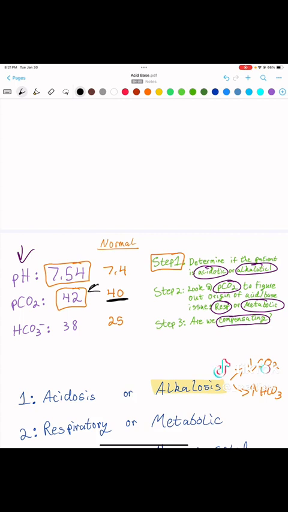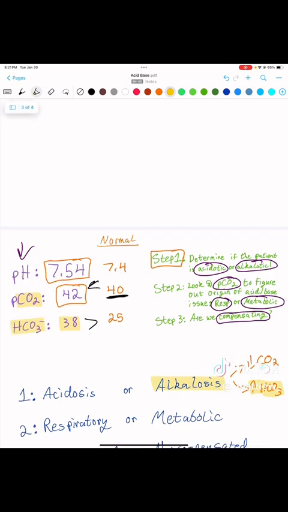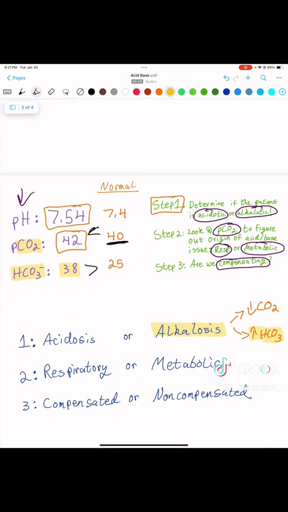It's higher, so therefore we know that the problem has to be a bicarb thing, and that's proven by this. 38 is indeed higher than 25. So we know that CO2 comes from the lungs, and bicarb is going to be metabolic. So therefore, we have to have a metabolic alkalosis.